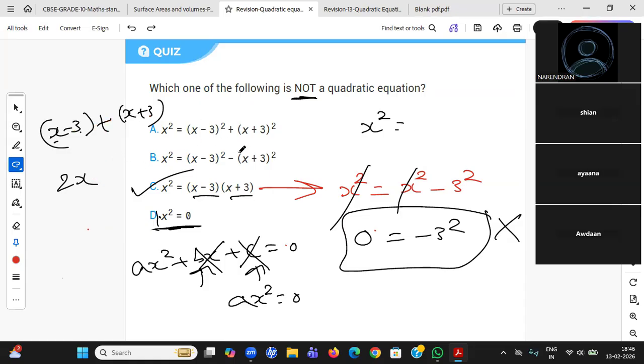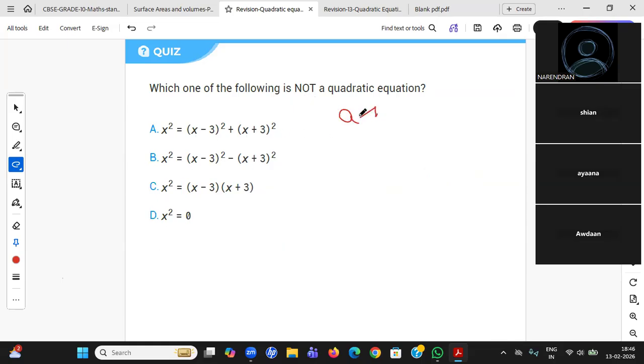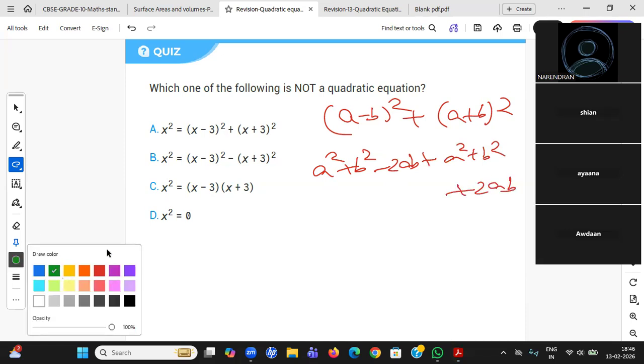So students, if you want, you can just remember these formulas also. Okay, you see (a minus b) whole square plus (a plus b) whole square. I'll do one question. (a minus b) whole square is a square plus b square minus 2ab. (a plus b) whole square is a square plus b square plus 2ab. So you can see this and this gets cancelled.